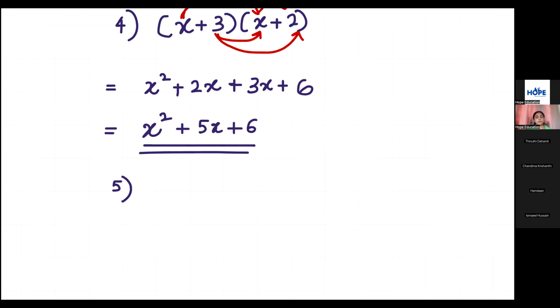Let's see. (x - 4)(x + 5). Can you all find the answer to this? I will set a timer for 1 minute. (x - 4)(x + 5). Quickly. x squared plus x minus 20.